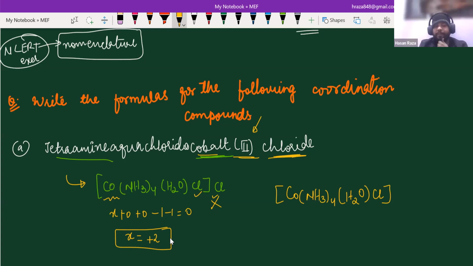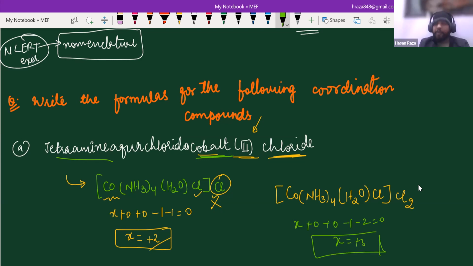Since we have +2, we need to make 1 Cl into 2 according to our requirement. If it needs 4, there will be Cl4. Now if you check it, you will see that this is your correct formula. Is that clear, everyone?